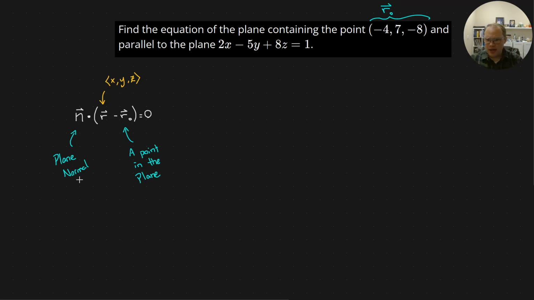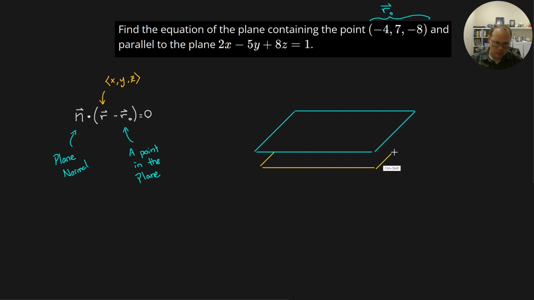Now, how do we find a plane normal? Well, the other piece of information that we have is that the plane we're looking for is parallel to this other plane, okay? And if I have two parallel planes, what does that mean? So I get something like this. Okay, so I have these two parallel planes.